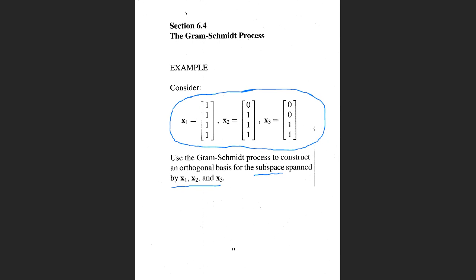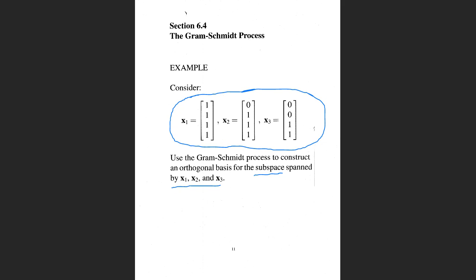Are the vectors x1, x2, and x3 orthogonal? Are they orthogonal? No, definitely not. The dot products are not equal to 0 between the vectors.